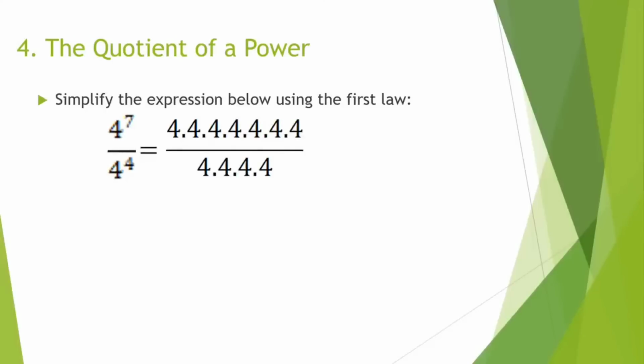And 4 raised to 4 can be written as this. After that, we can cancel the four 4s, and we are left with three 4s, or 4 times 4 times 4, which can be written as 4 cubed.